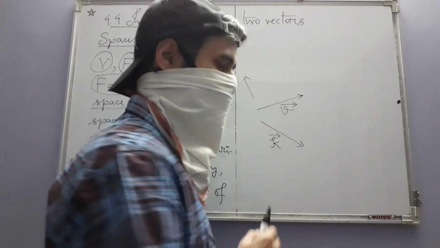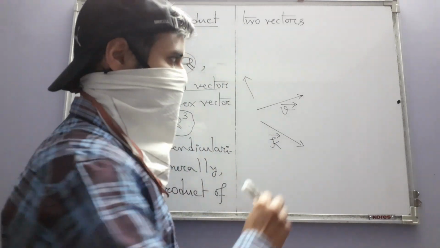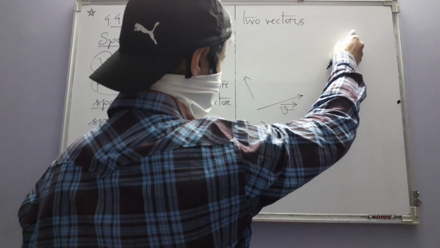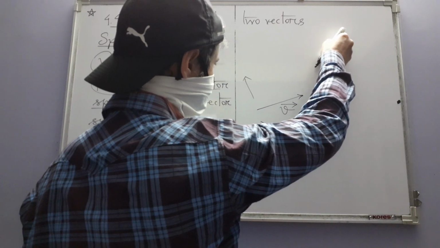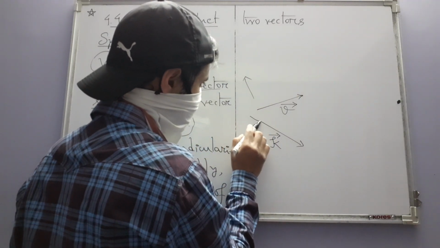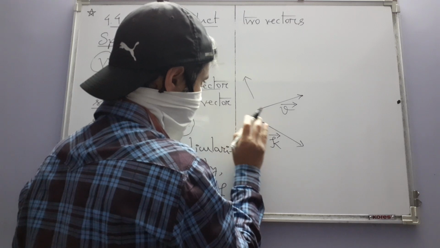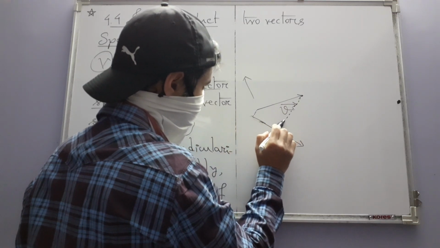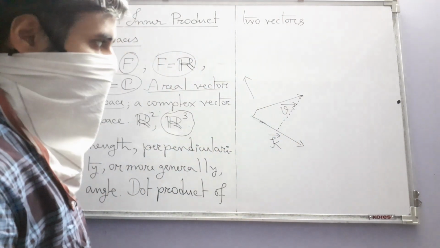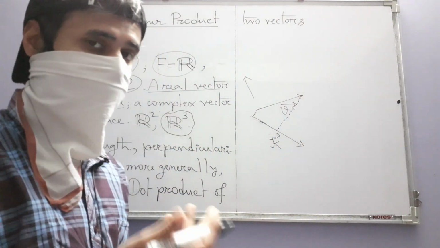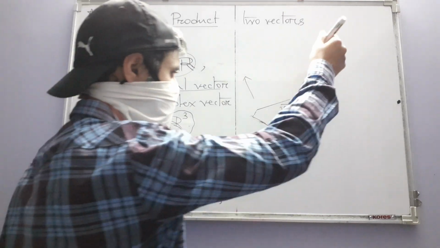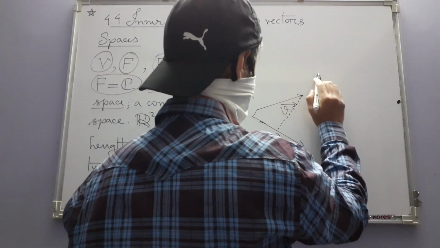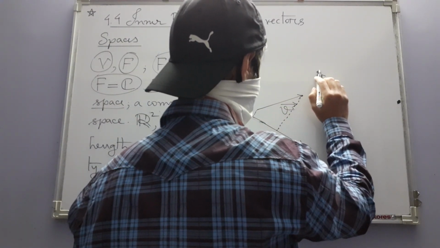Say you switch on a flashlight and you shine light, and you look at the shadow of the vector v on the vector k. But in what way are you holding the flashlight?